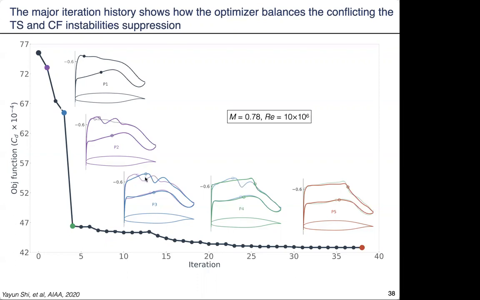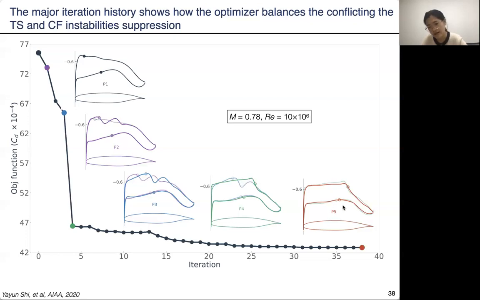For the point 3, as the transition occurs in the favorable pressure region, it is a cross-flow instability induced transition. Then finally, the optimizer finds a weaker favorable pressure gradient, which would suppress the Tollmien-Schlichting instabilities, but not amplify the cross-flow a lot.